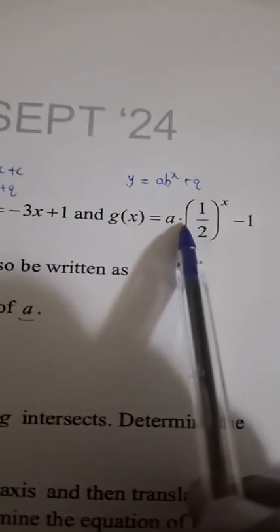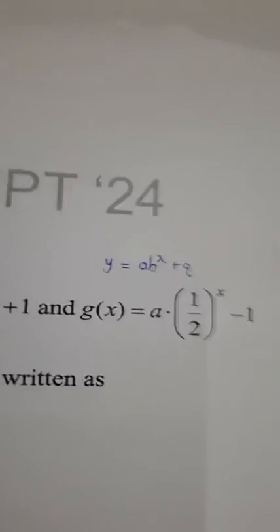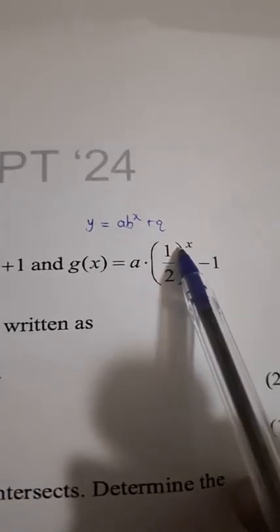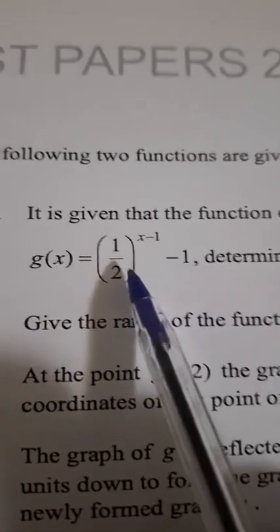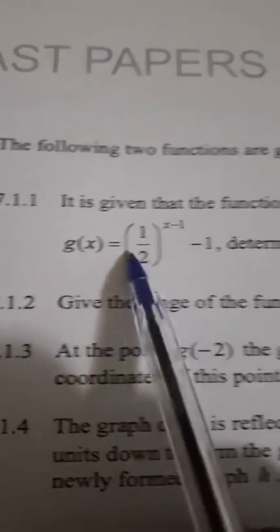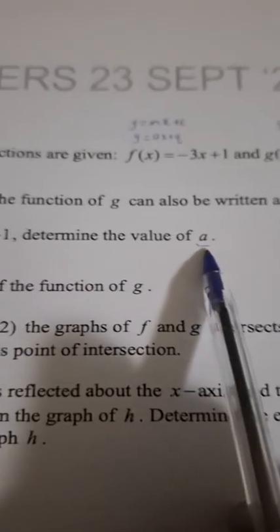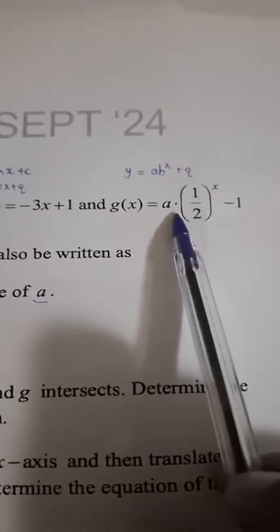Right, so like I said, if you look at the original function, the a value, g of x equal to a half to the power x. Now we are told that this function can also be written as g of x is equal to half to the power x minus 1 minus 1. And what they want us to find is the value of a.